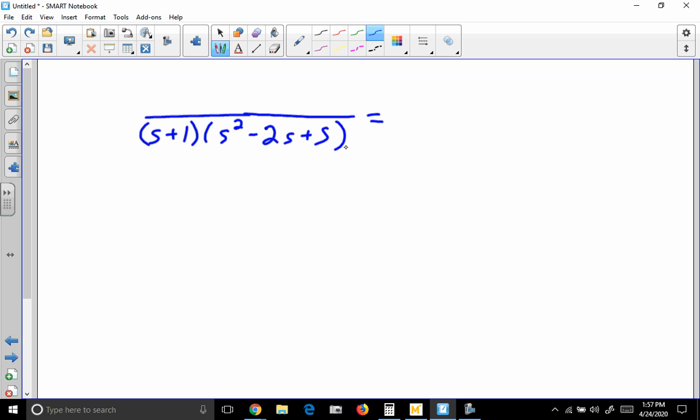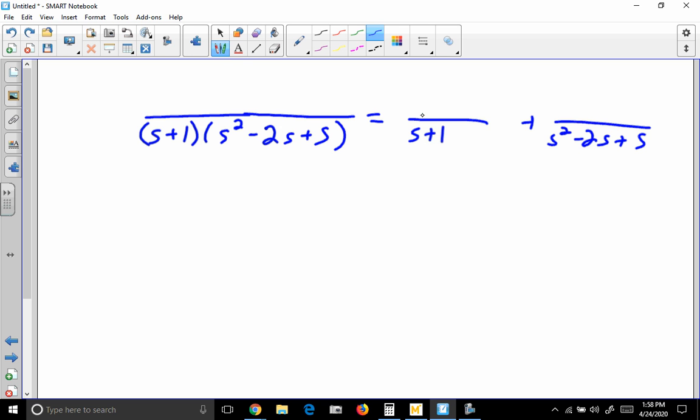If it did factor, we would want to break it down farther to find out what our denominators need to be. But since that doesn't break down anymore, our denominators are going to be s plus 1 and that full thing, s squared minus 2s plus 5.